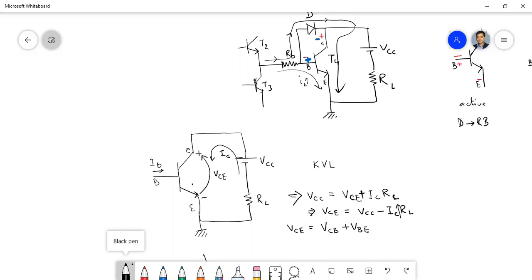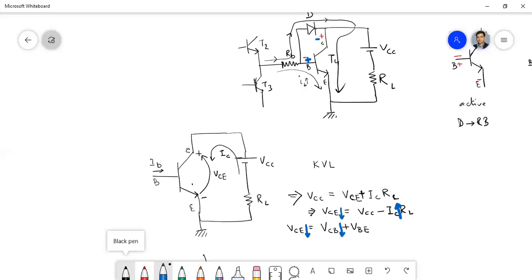That is a fixed voltage, isn't it? Yes, sir. Now what about this VCE? If the collector current is increased, it will decrease. Now if VCE is decreased, what about the VCB? It will decrease, because VB is fixed, determined by the base emitter biasing voltage.